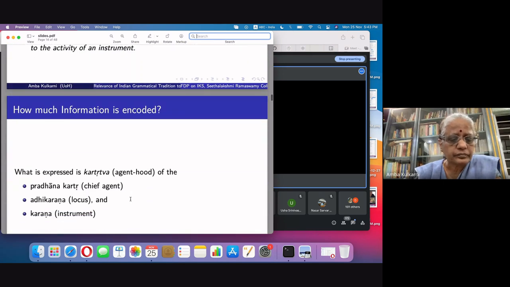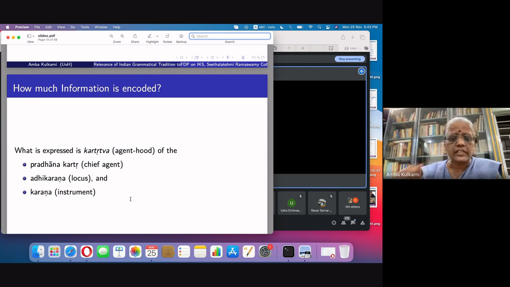So what is expressed by these sentences are the agents, chief agent or the locus or instrument, though is there, actually what is being expressed is the activity of these agents or locus or instrument.